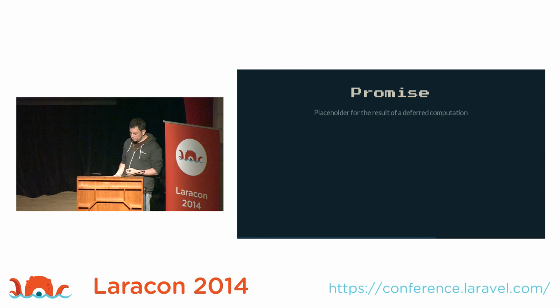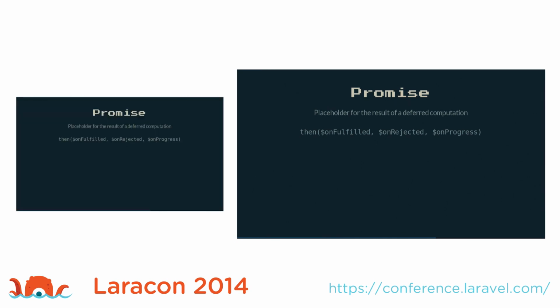An example of what this looks like in code: each time we have a promise, we can chain them together so that as a promise returns, if it happens to be fulfilled, I can give it a callback for the fulfillment that runs in that case, or if it's rejected, some other callback that will run in that case. And lastly, the progress callback. These directly correspond to the different deferred methods. And when we chain thens, we're just building a chain of promises.